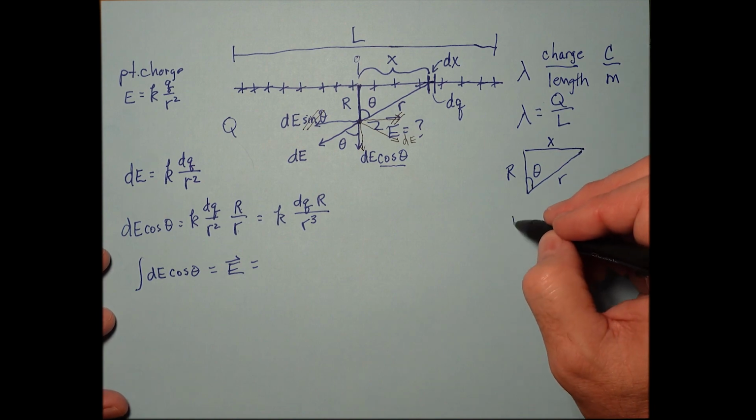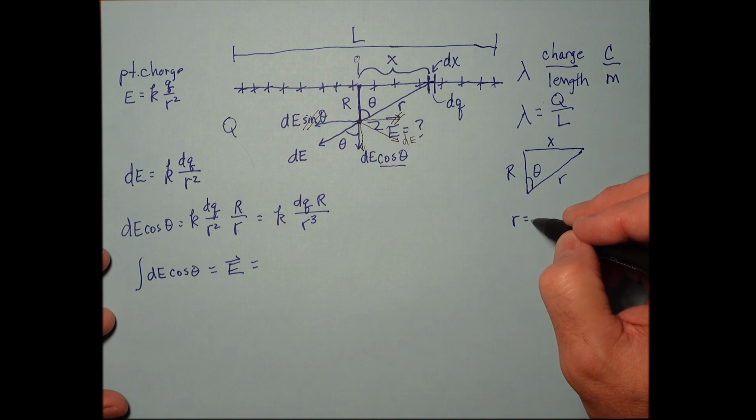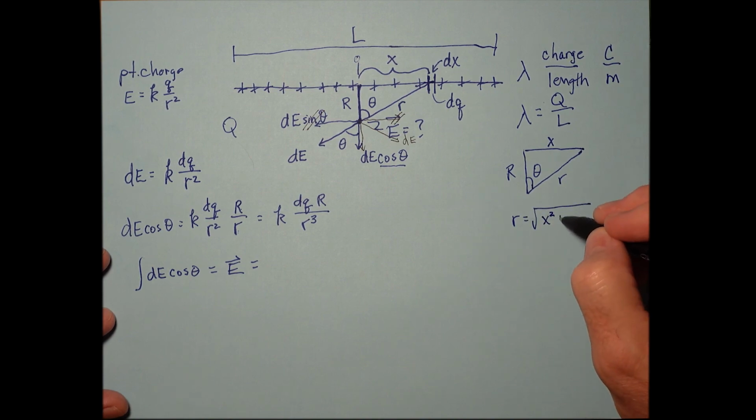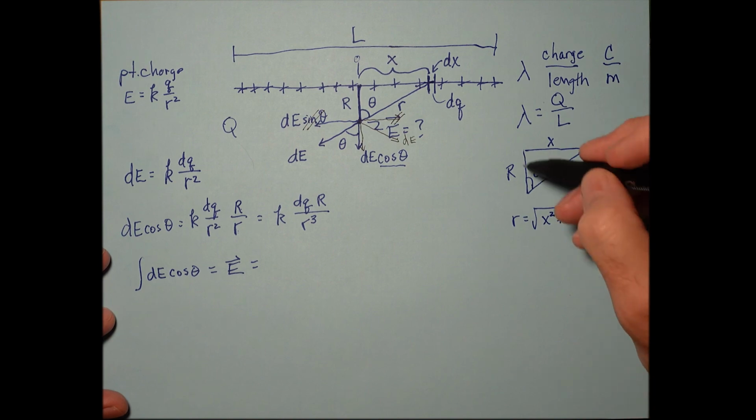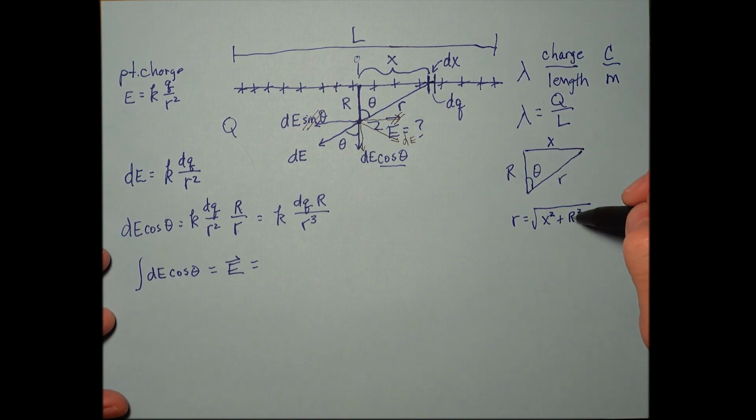So little r is the square root of x squared plus big R squared. Now big R is a constant, so that's not a variable. However, the x is a variable. What we're doing in this case is changing the variable from r to x by doing that right there.